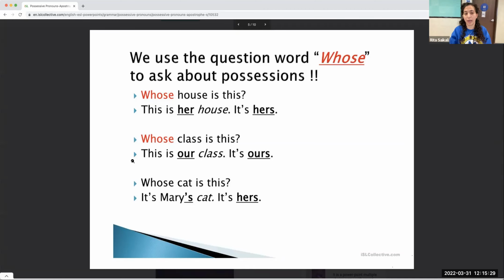So let's try this one. Whose class is this? This is our class and it's ours. Our, the first one, is that a possessive pronoun or a possessive adjective? Possessive adjective. Can anyone tell me why? What do you see in the first sentence that is not there in the second sentence?